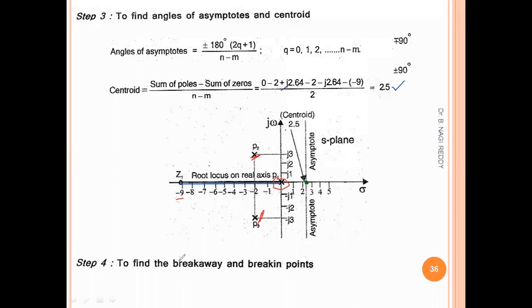But here, the breakaway point can be drawn between two poles only. The root locus is limited between a pole and a zero. There are no two poles and no two zeros. So indirectly, we can say that there is no chance of getting any breakaway or break-in points.